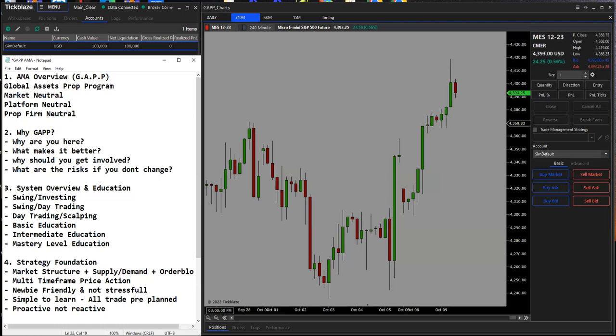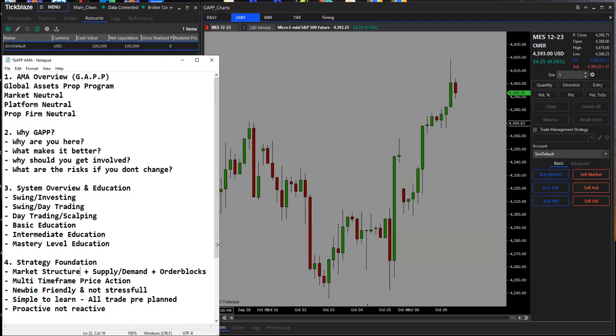There's a lot of different ways to trade market structure, and we've mapped out our own rules. So I would say that we literally trade price action based off market structure, supply and demand, order blocks analysis, and inducement, liquidity sweeps, everything to do with market structure and price action. That's the foundation.